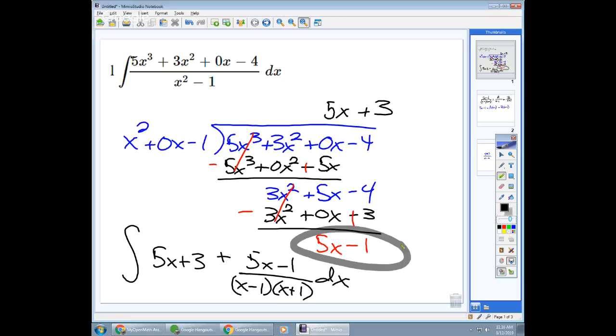That was what we thought for the initial division. Yeah, in this last step here, I take 3 times negative 1. That gives me negative 3, but I have to subtract negative 3, which means I'm adding 3 to get that remainder. So it should be 5x minus 1 then.